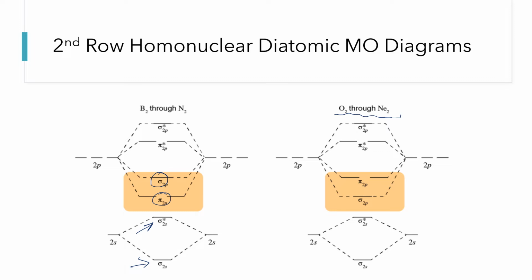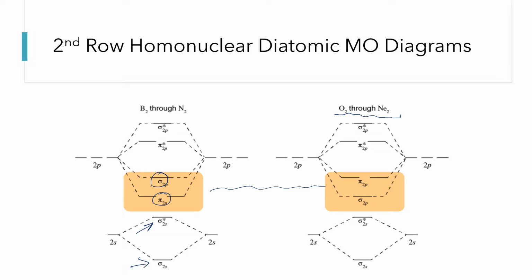Then of course we get both the bonding and the anti-bonding orbitals. And this orange part just shows that as we move further to the right across the periodic table, the order of those bonding molecular orbitals formed from the p orbitals shifts a little bit.